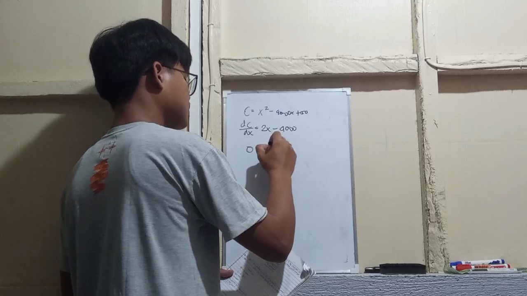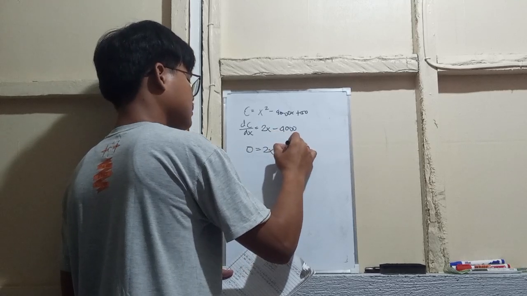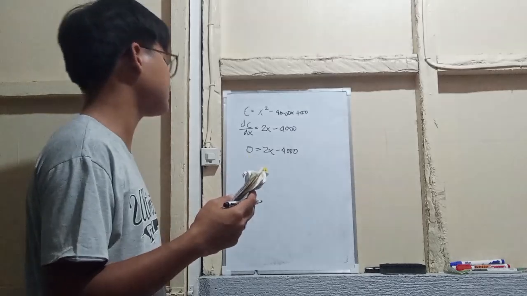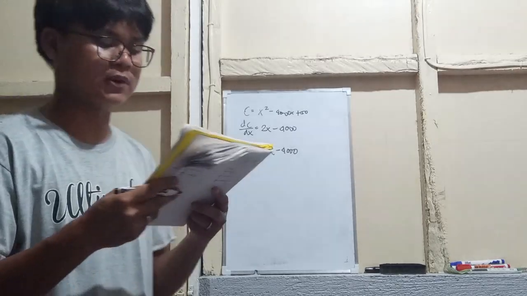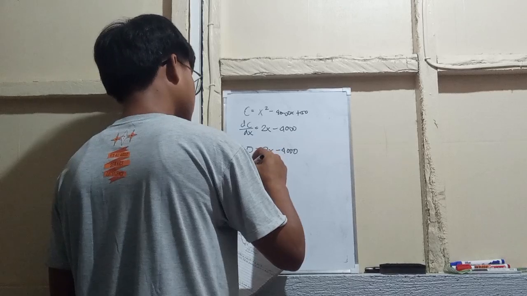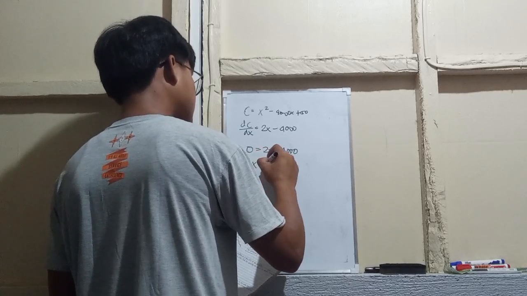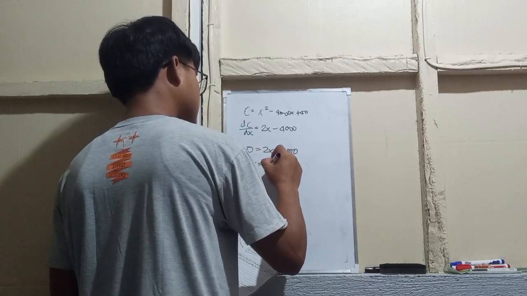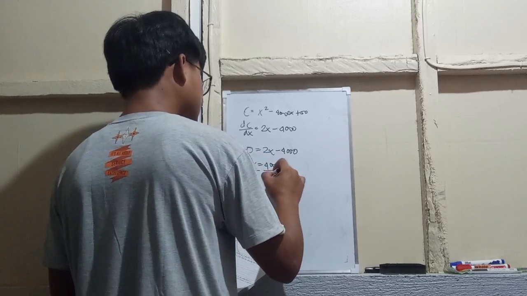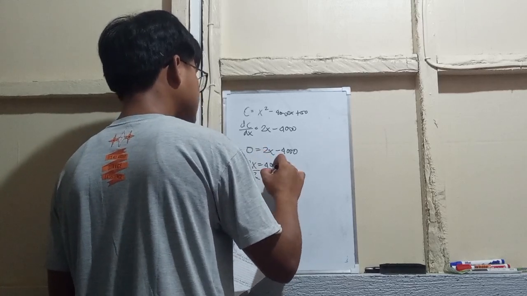So, it will now be 0 is equal to 2x minus 4000. Now, we'll transpose the 4000. We can get 2x is equal to 4000. Then divide both sides by 2 so that we can cancel.